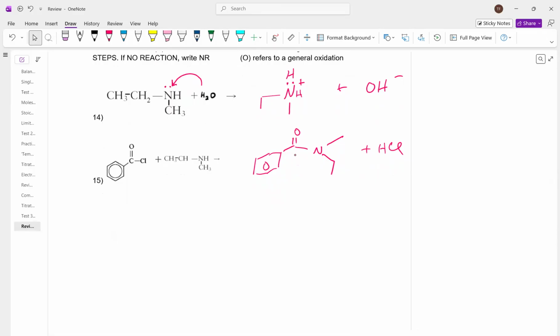So let's name these. So this is going to be methylamine. And it's the same one down here.